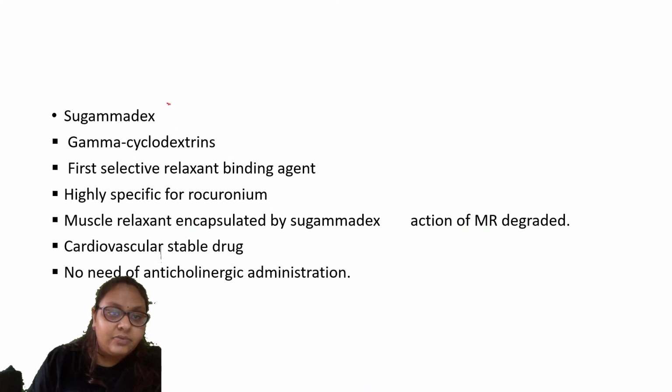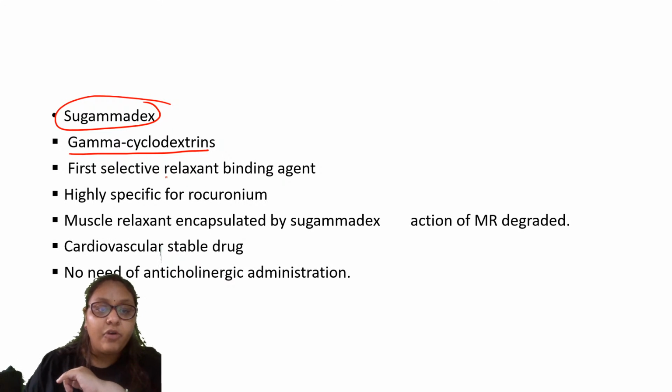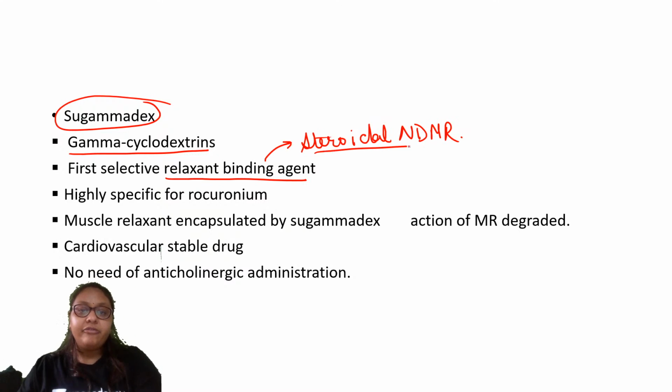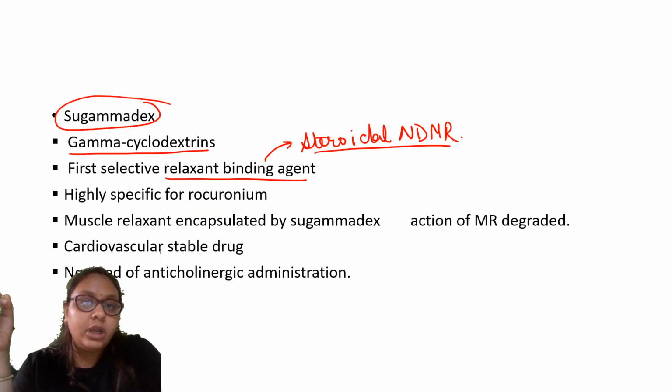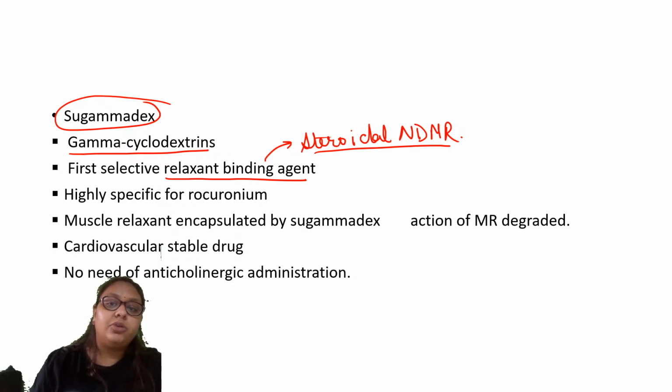Because sugamadex is a gamma cyclodextrin and it is specific for the steroidal non-depolarizing muscle relaxants, and therefore it is highly specific for rocuronium or vecuronium. So our answer is sugamadex.